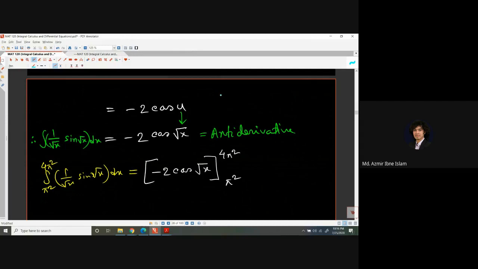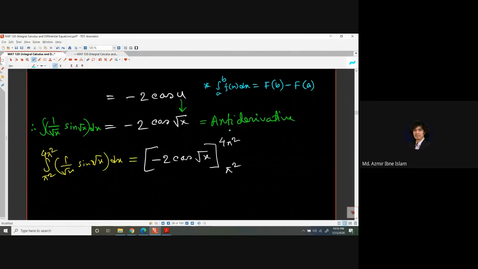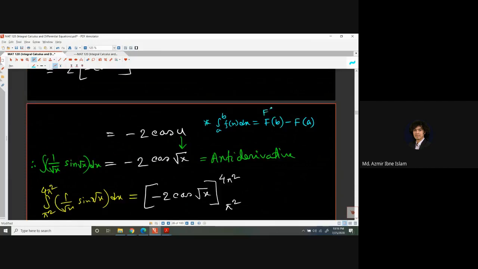The fundamental theorem of calculus says that the integration from a to b of f of x dx is equal to the antiderivative at the upper limit minus the antiderivative at the lower limit. We have the antiderivative here, so we can input the upper limit where we have x. In that part we are inputting b and a.